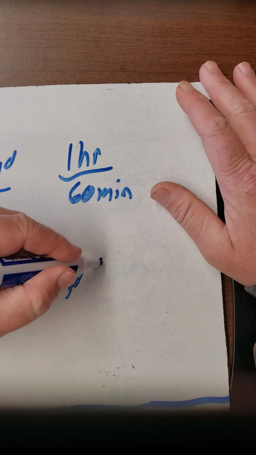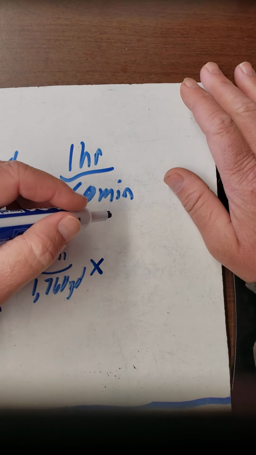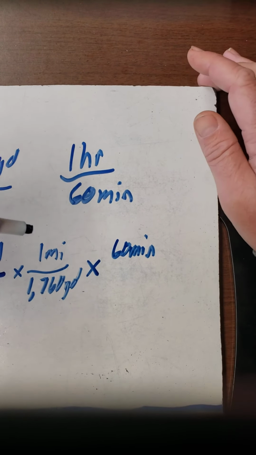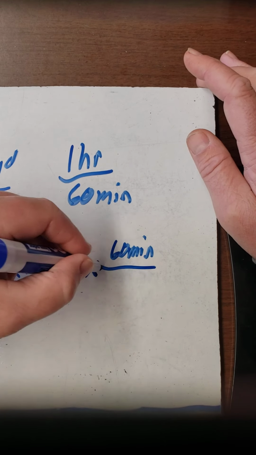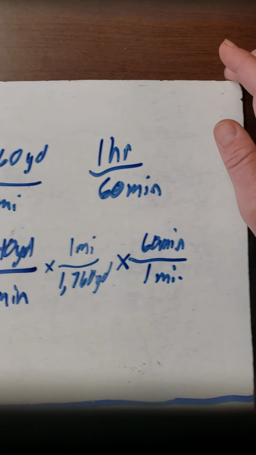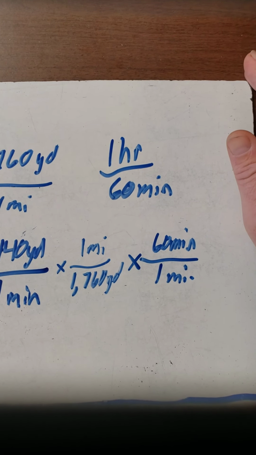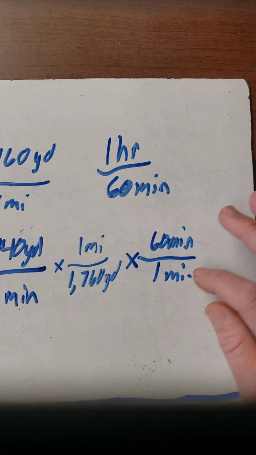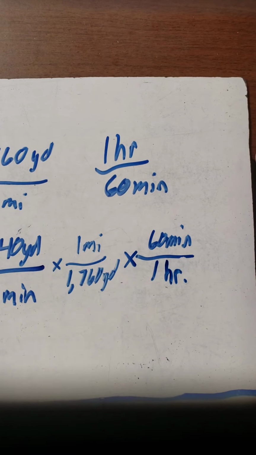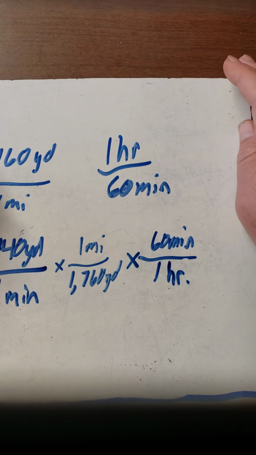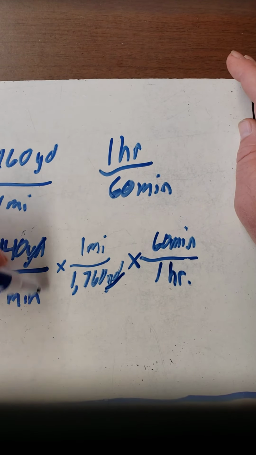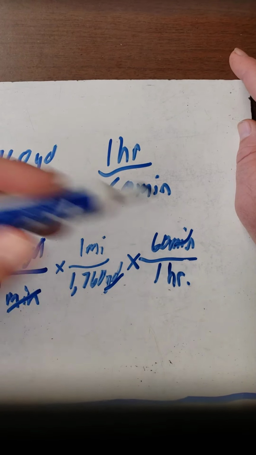Times, we got to get minutes in there. 60 minutes, because we want to cancel out the minutes because we want to go out miles per hour over 1 hour, not mile. Okay, so we have the miles and we have the hours. We got to cancel out the other units of measurement, which are yards and minutes.